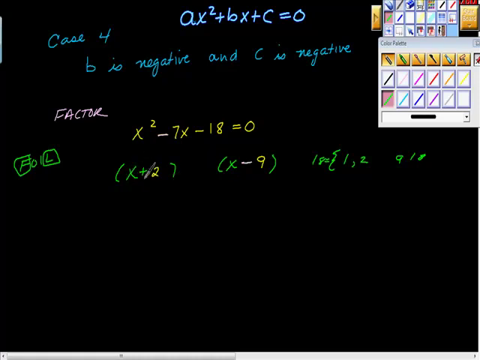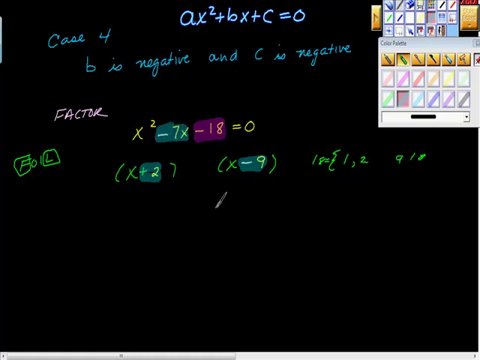Let's just try this part here to see if this works. Positive 2 times negative 9 is in fact this value right here, isn't it? And negative 9 plus positive 2 is in fact negative 7x.